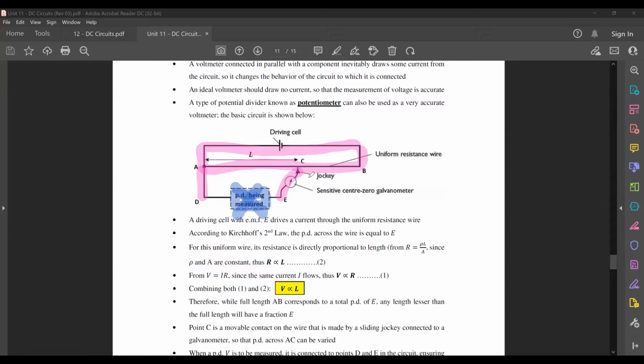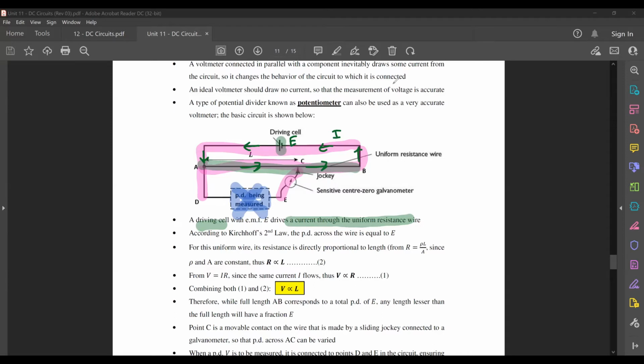So there are a few characteristics of your potentiometer. Number one, you will always have a driving cell that will drive a current through your uniform resistance wire. You will always have a cell and you will always have some sort of resistance wire. The cell has some EMF E, and it will cause current to flow through your resistance wire.